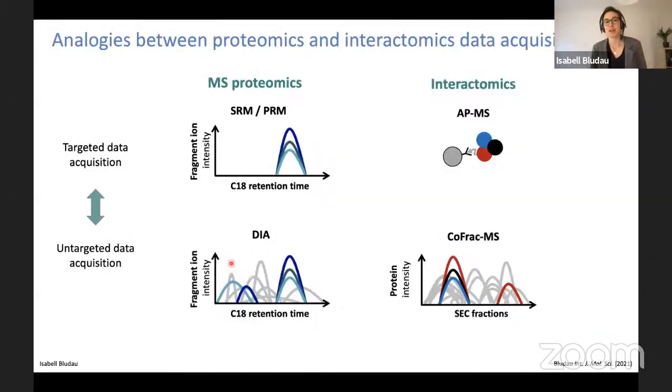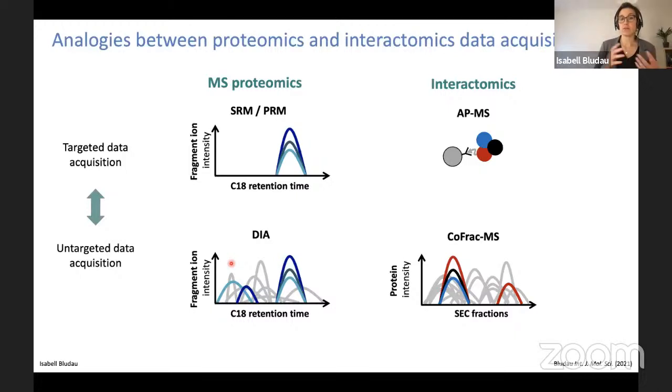So with this, I would now like to move on to analogies between proteomics and interactomics data acquisition. If we look at the MS proteomics side and targeted data acquisition, we have strategies such as selected reaction monitoring or parallel reaction monitoring.